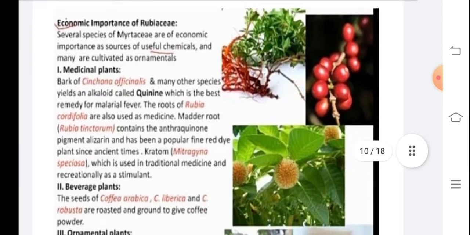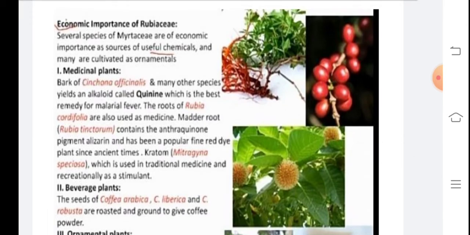Then economic importance. Here you are observing some plants that are a source of chemicals. In family Rubiaceae, the first plant is Cinchona officinalis, Cinchona bark. It is commonly called cinchona. The quinine drug, an alkaloid, is obtained from this. It is good for removing malarial fever.